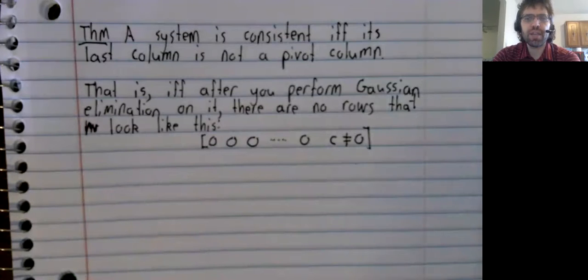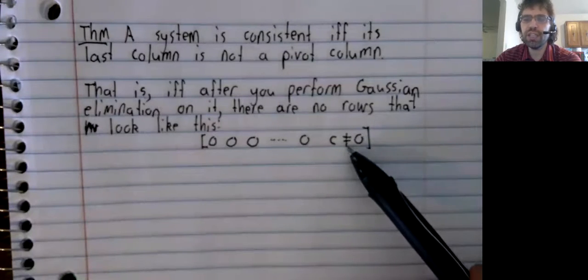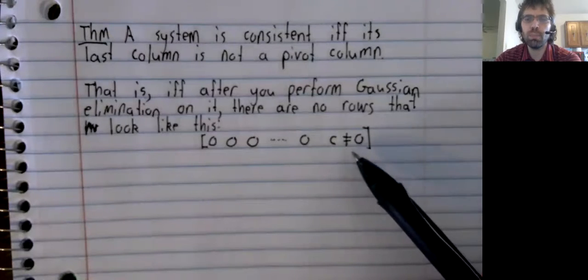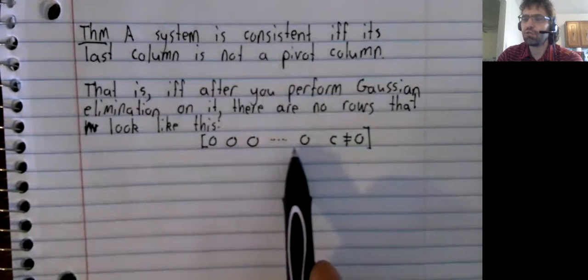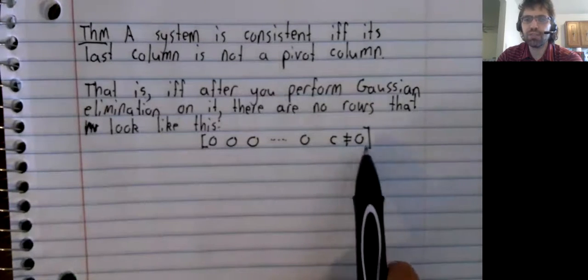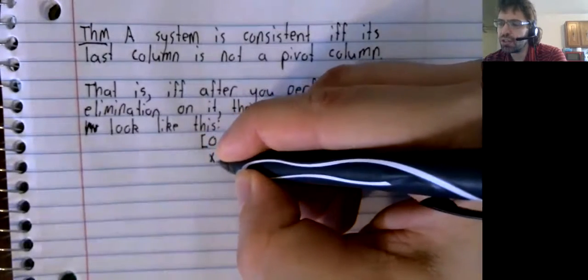That is, after you put its augmented matrix into row echelon form, there are no rows that have a single non-zero entry in their final column. Why does having a row like that mean you don't have solutions?